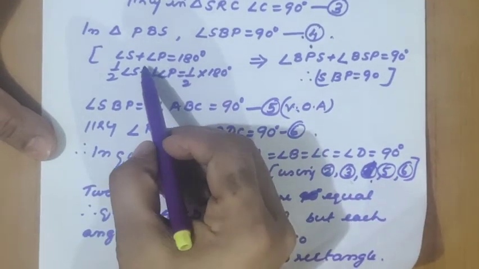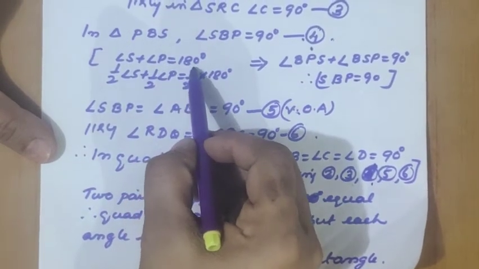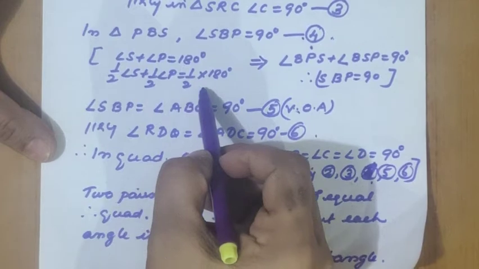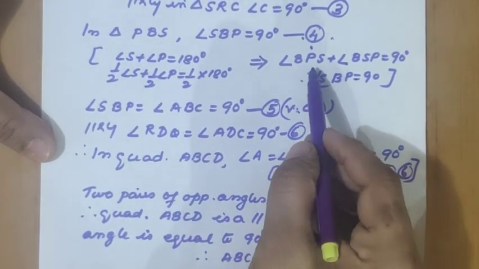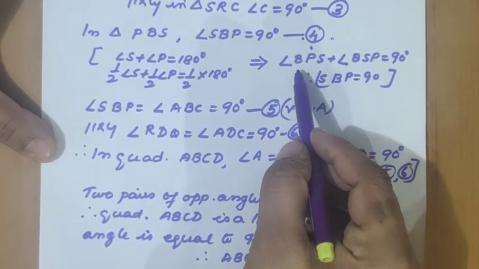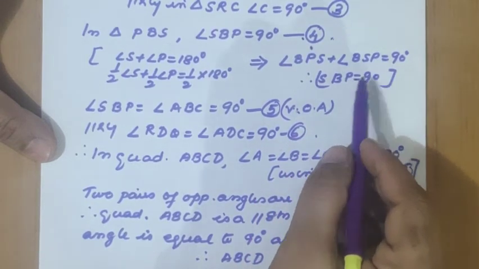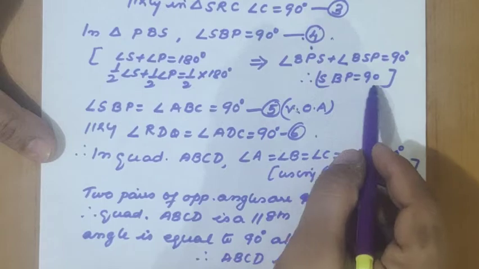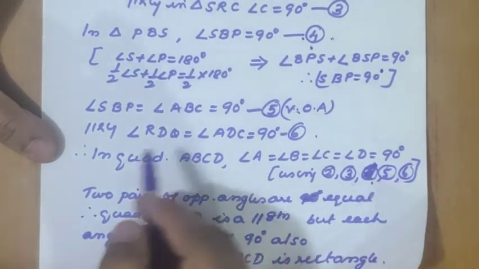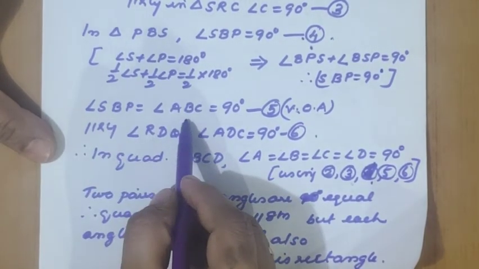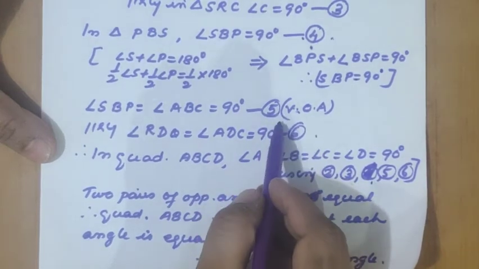So what are the steps? Angle S plus angle P equals 180 degrees, half of S plus half of P equals half into 180 degrees. If you check the diagram, angle BPS plus angle BSP equals 90 degrees. Therefore, angle SBP equals 90 degrees. If SBP is 90 degrees, angle ABC equals 90 degrees by vertically opposite angles.